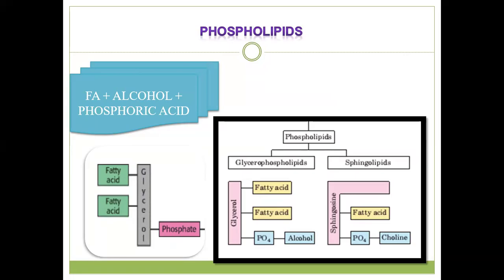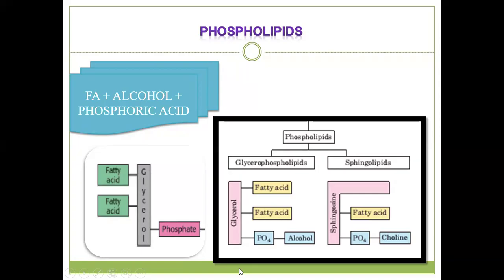Before that explanation, phospholipids are classified into two: glycerophospholipids and sphingophospholipids. Glycerophospholipids are phospholipids that contain fatty acids esterified to an alcohol, which is glycerol. We can see the fatty acid esterified to glycerol, and at carbon 3, instead of a fatty acid, a phosphate group is attached.